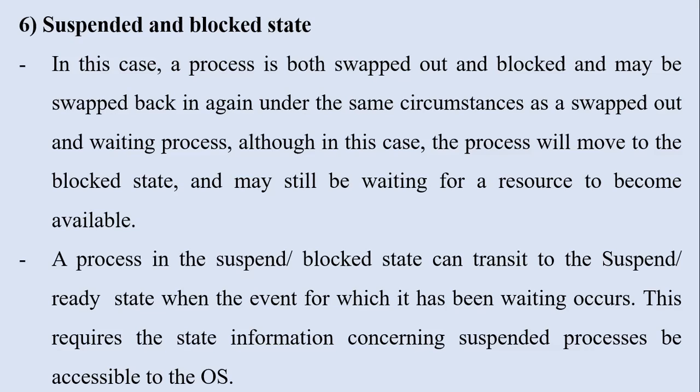A process in the suspend versus blocked state can transit to the suspend versus ready state when the event for which it has been waiting occurs. This requires the state information concerning suspended processes to be accessible to the operating system.